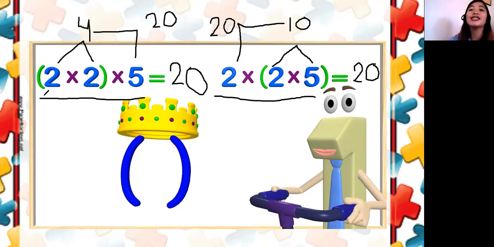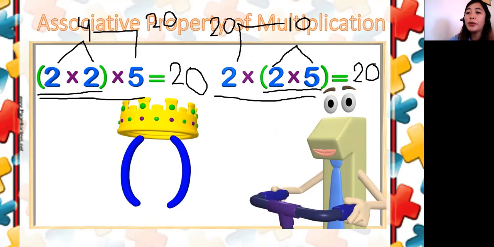That's correct. Okay, so here, 2 times 2 were grouped, and the other one, 2 times 5 were grouped. Okay, and this is what we call the, any guesses? Yes, associative property of multiplication, or APM.